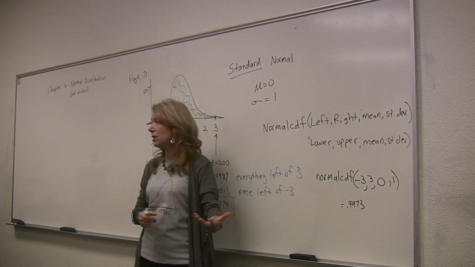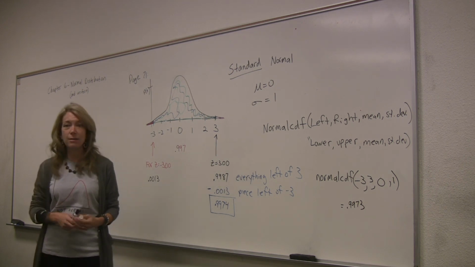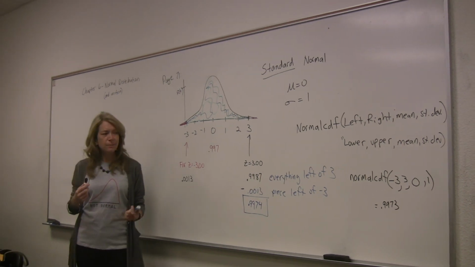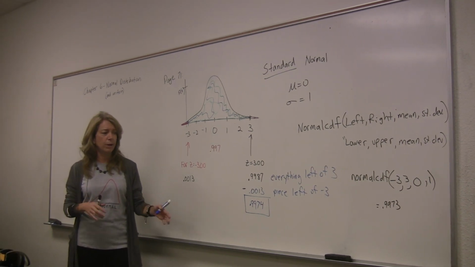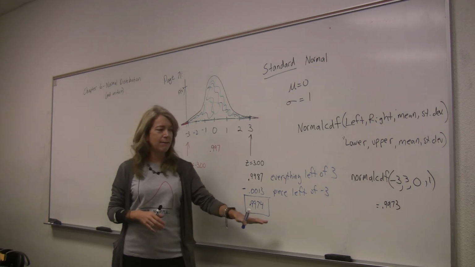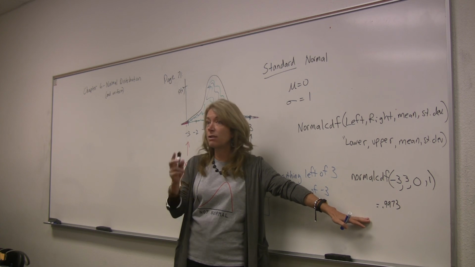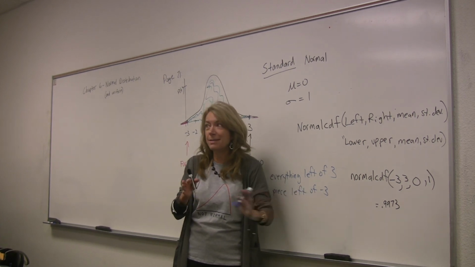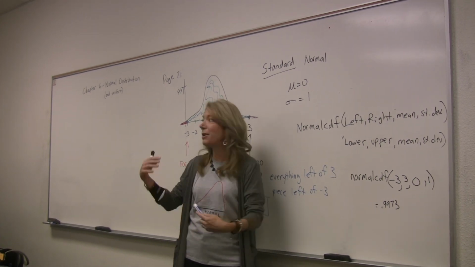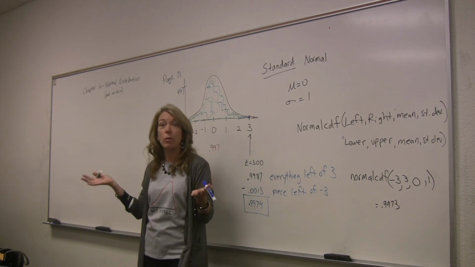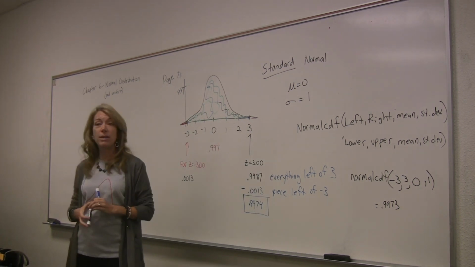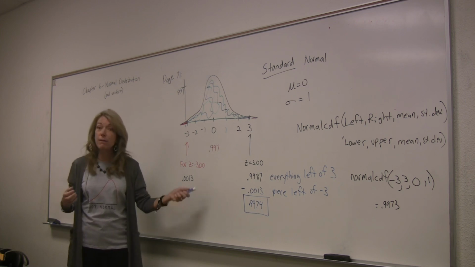So it knows that if you're using a calculator, you're going to get something slightly different. And what's funny is, sometimes they're off even more. Like maybe this is 9974 and this one's 9971. It wouldn't take an answer in between those. You couldn't say 72. You'd have to put either the 71 or the 74 because it knows that you're doing one way or the other. So they won't always exactly match, but they should be very close like these are.